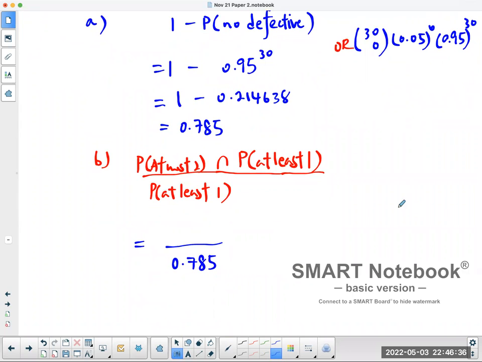So this is like probability of at least one to at most two.